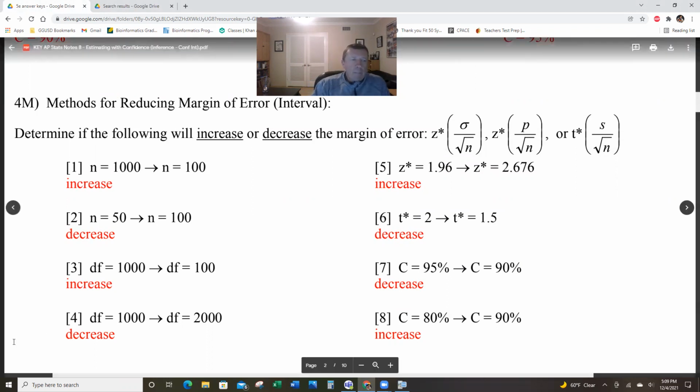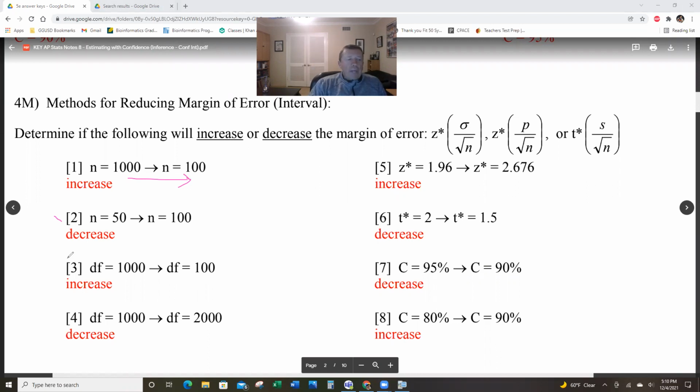If we went from number one, if we went from 1,000 samples down to 100, it's going to give us less of an idea of what's going on, which means it will increase the interval to cover the possibilities. If you go from 50 to 100 samples in number two, that's going to decrease the interval because you have more information. More information decreases the possibilities.